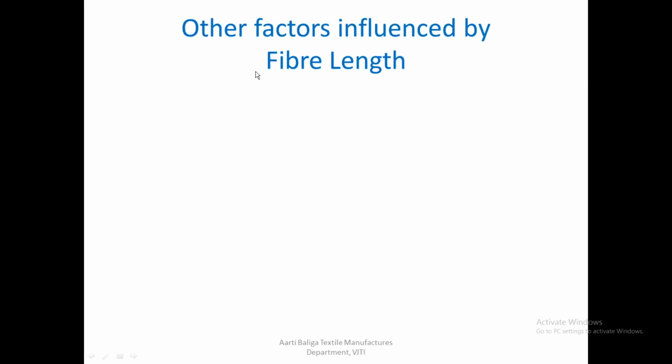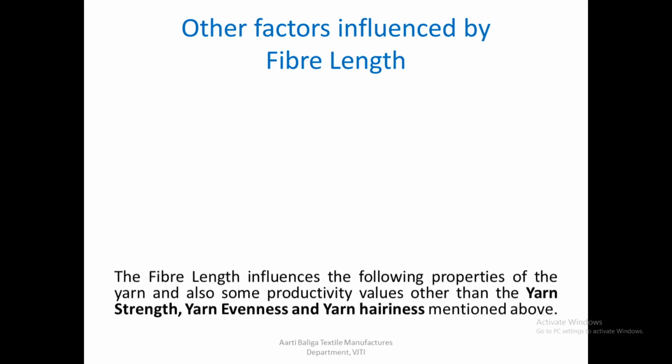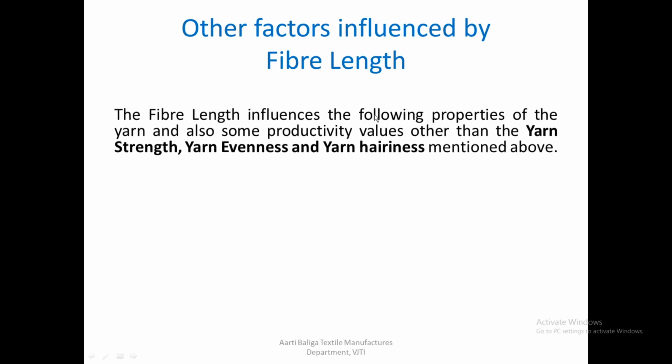So now we come to almost the end of this session, but there is this last thing that we need to discuss, that is, what are the other factors that are influenced by fiber length. Fiber length, of course, influences yarn strength, but it also influences some other factors. It influences the productivity values of a particular process.